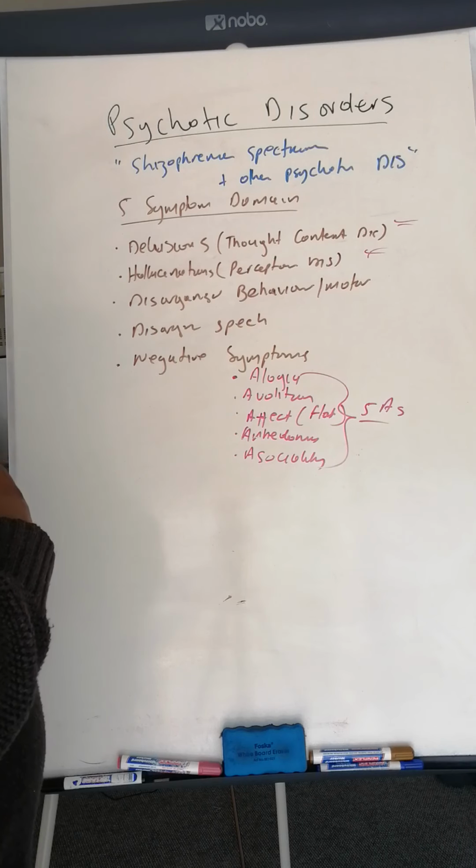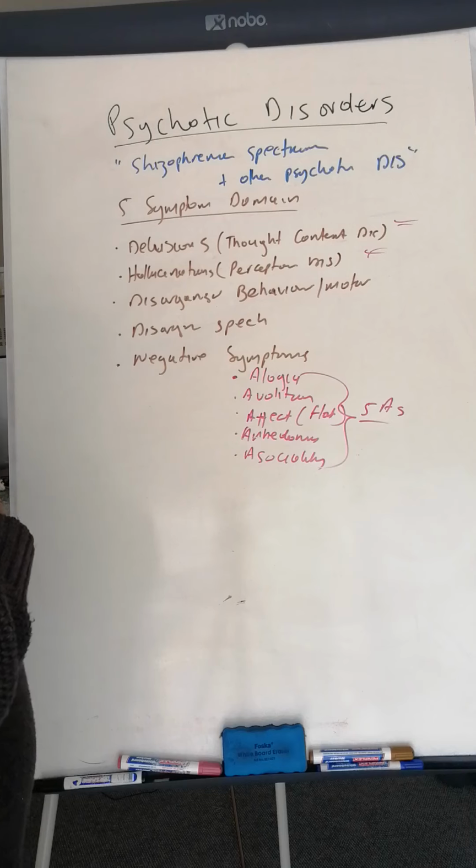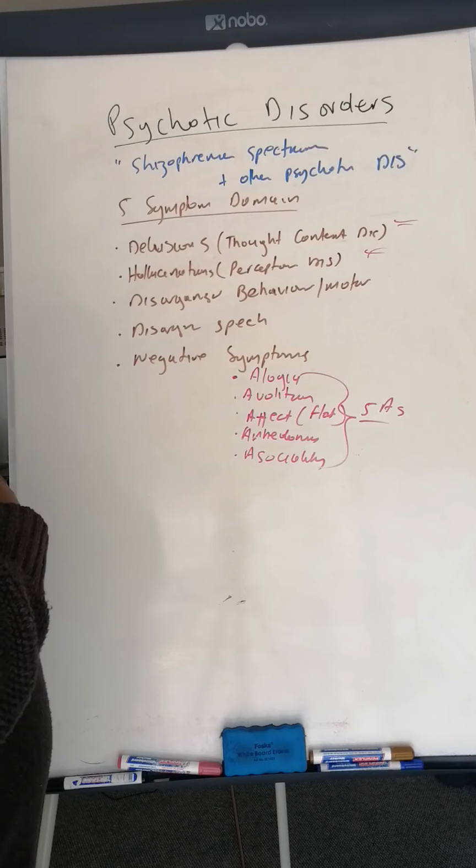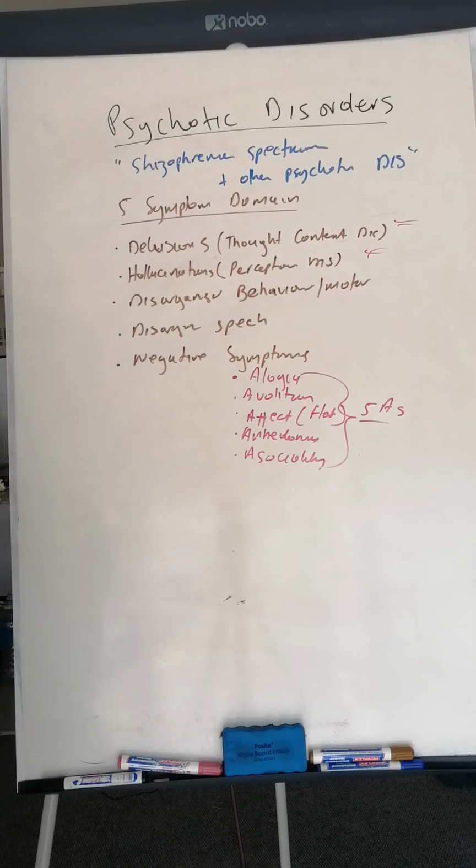Asociality is someone who's lost interest in social interactions. And then affect, as we know, they're not showing emotions. They're not expressing their emotions. And then avolition is basically someone who just sits and does nothing.